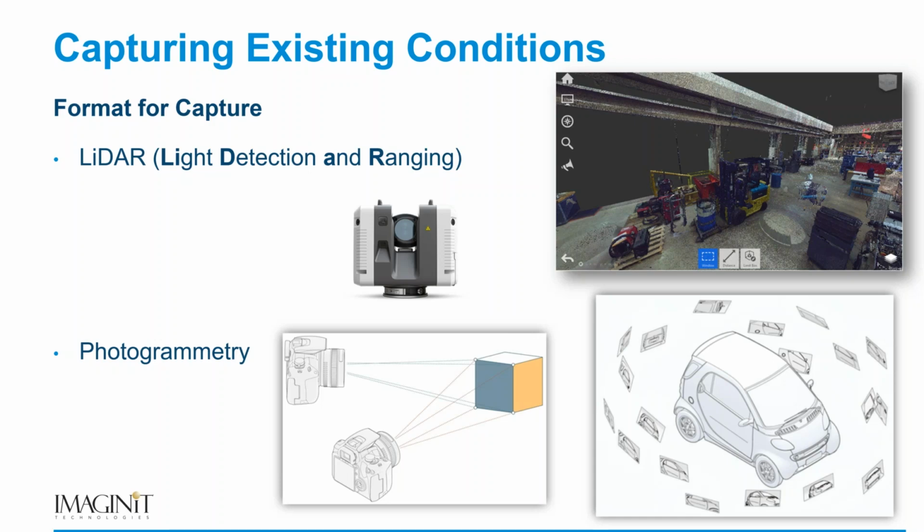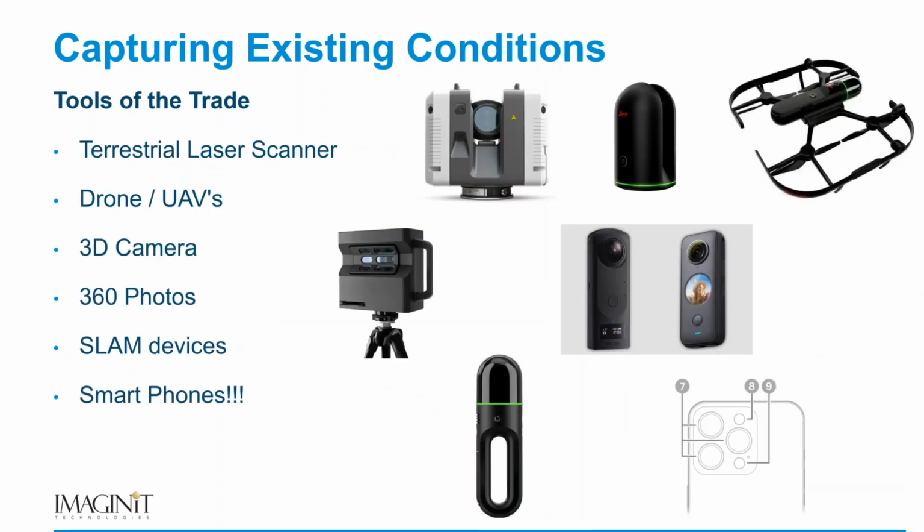That's how we move into the thought process of determining what is going to be applicable for my use case. So let's take a look at a number of the additional tools that we have out there in the market today and where they fit.